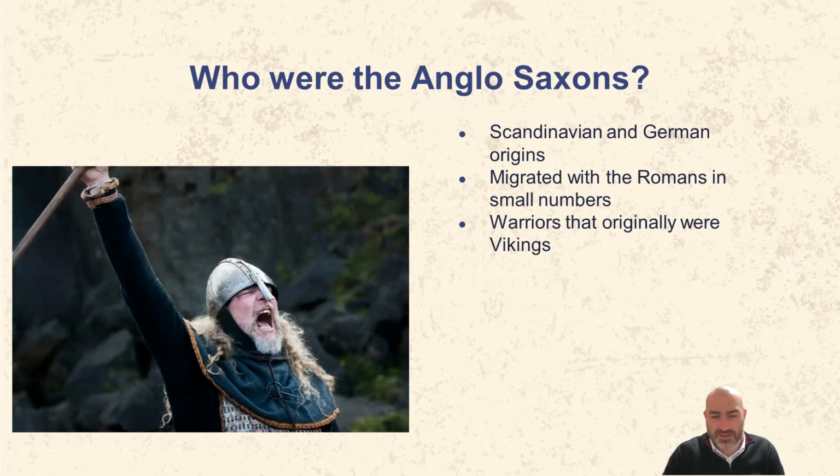They really can be considered some of the earliest Viking settlers, having originally been sea raiders before settling down to own land or join in groups. So unlike the Romans, the Anglo Saxons were tribal and were not usually welcoming of different people. They were greatly feared in battle, as they were tall and they used long swords and shields.